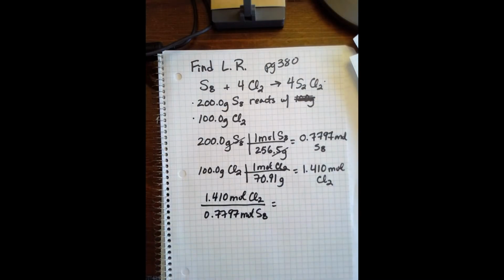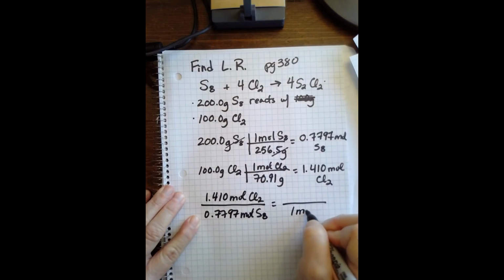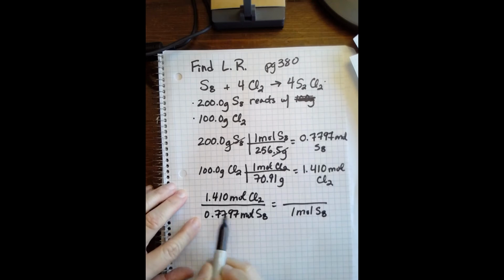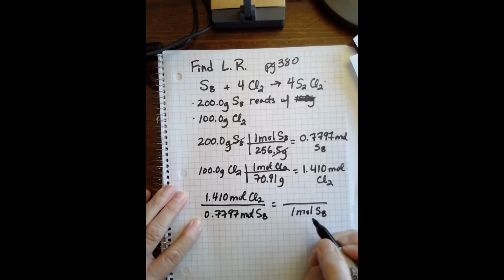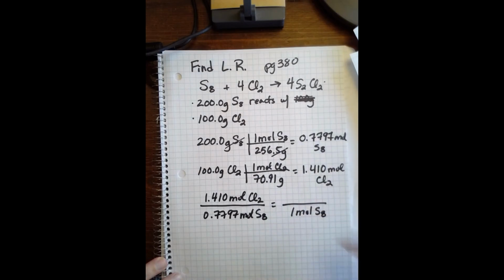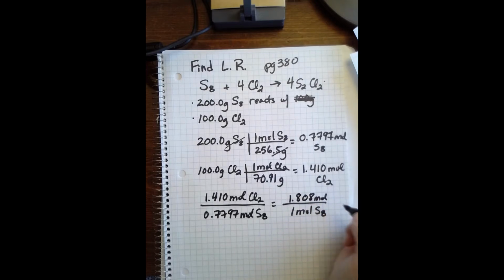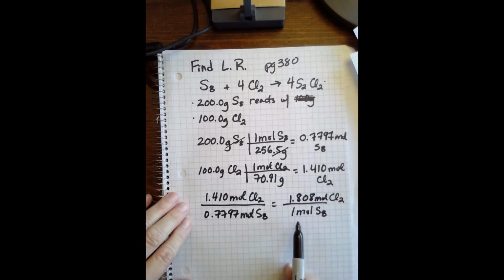And then we're just going to reduce that, right? We're going to divide both of these numbers by the smallest. So this ends up with 1 mole of S8, and all I do is take 1.4, divide it by 0.7797, and that gets me 1.808 moles of Cl2.